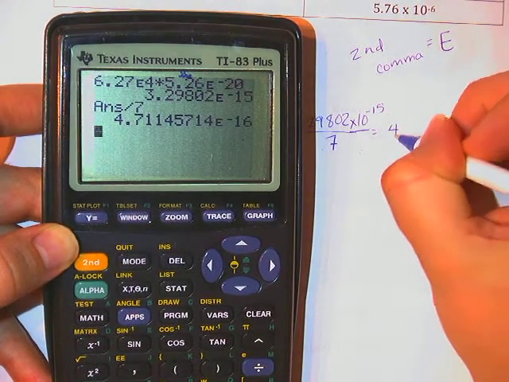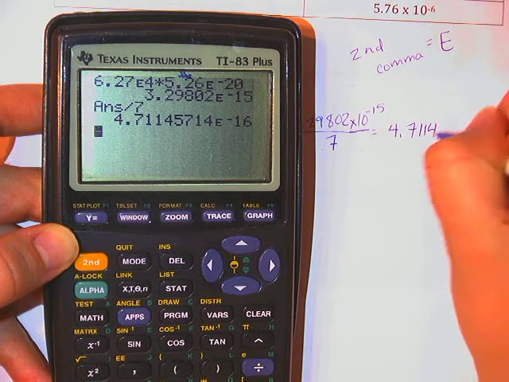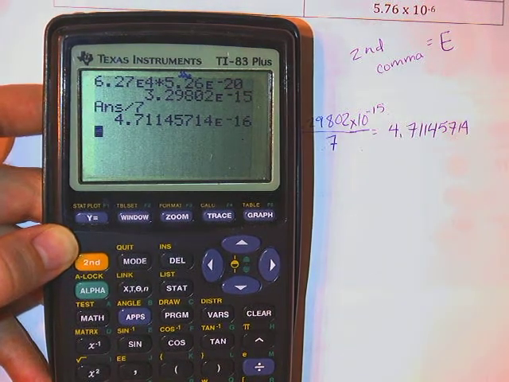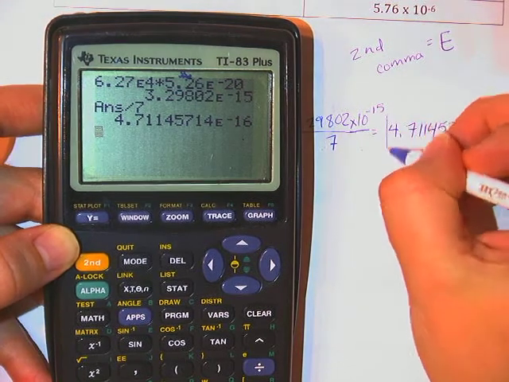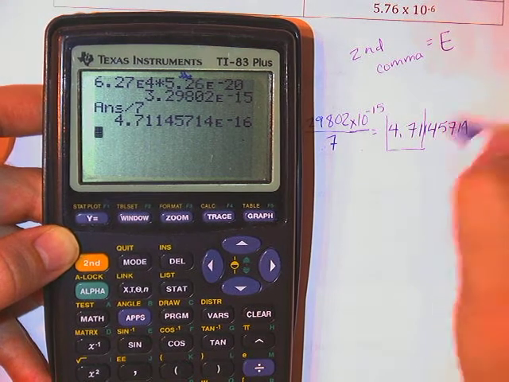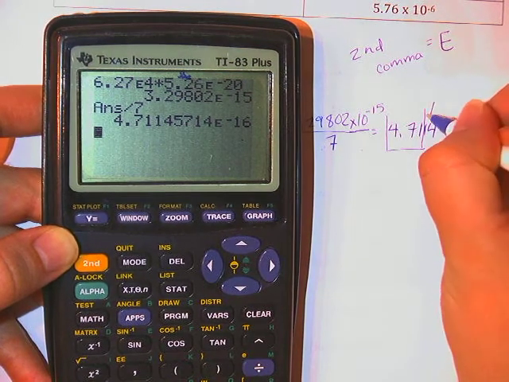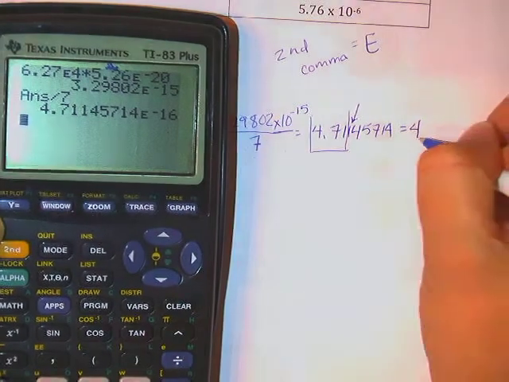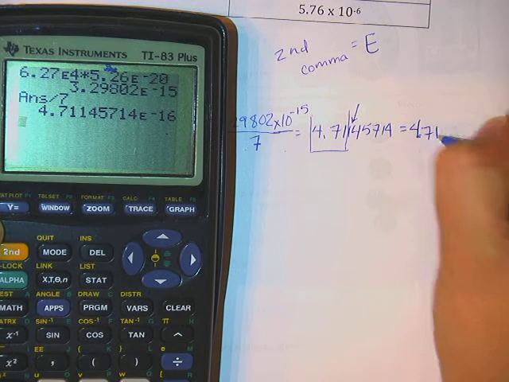I get 4.711457114. Do you actually need all those digits? No, we're supposed to round to the hundredths place. So 4.71 is the hundredths place, and there's a 1 next to it that tells me to round down. So that becomes just 4.71.